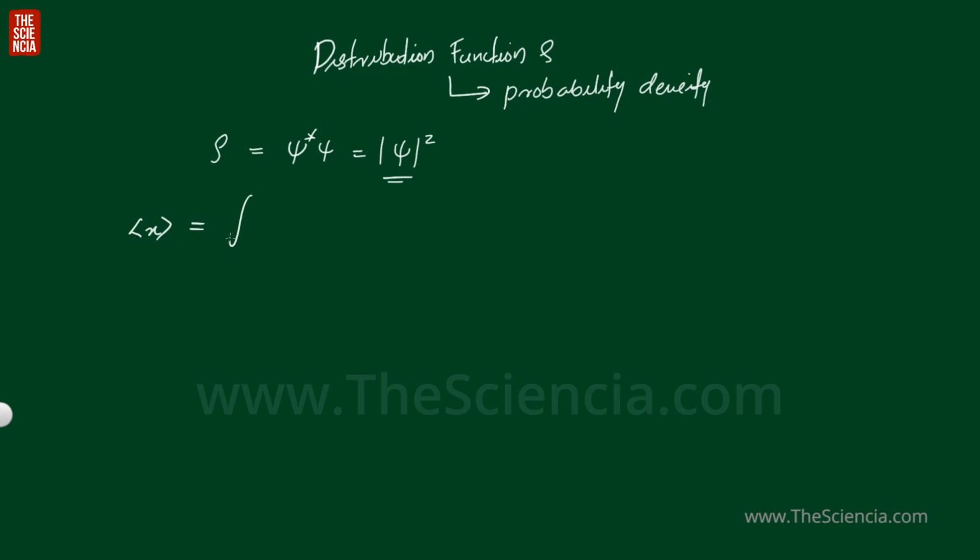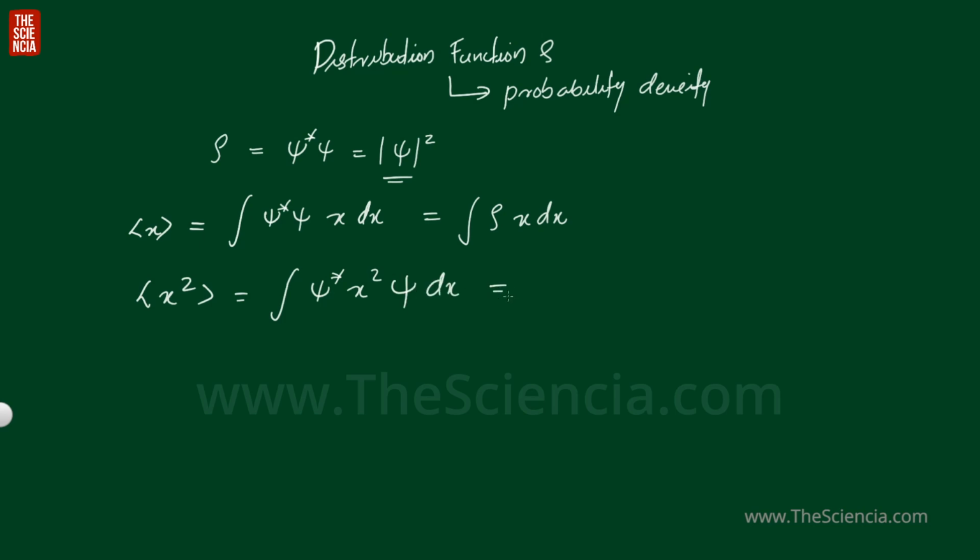It is equal to the integral of psi star x psi dx, that is equal to the integral of rho x dx, right? And for x squared, that is equal to the integral of psi star x squared psi dx, that is equal to the integral of rho x squared dx, because we know psi star psi is the distribution function.